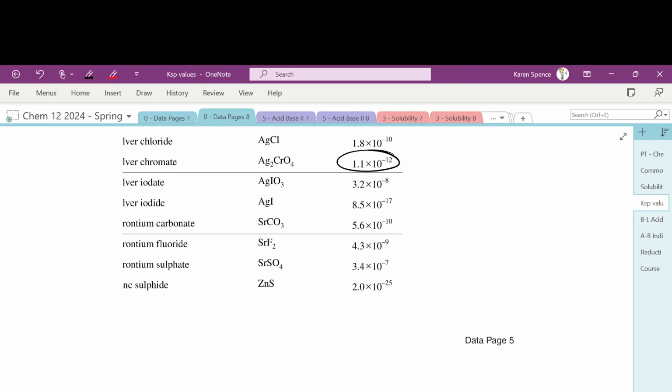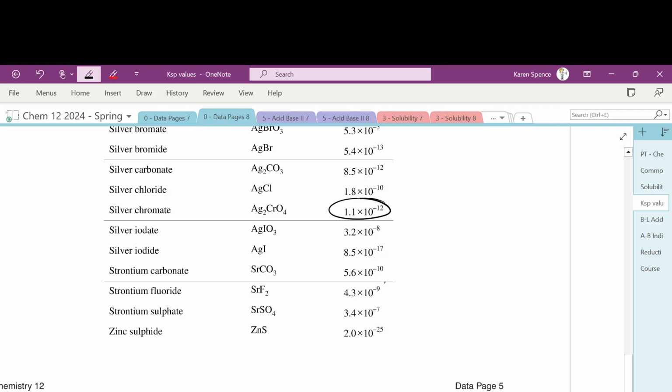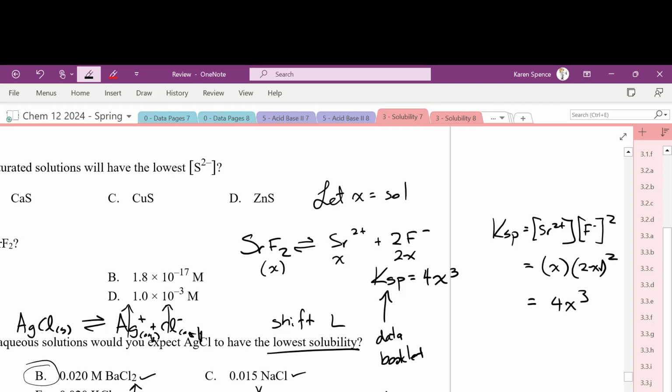Strontium fluoride, 4.3 times 10 to the minus 9. 4.3 times 10 to the minus 9 divided by 4 is equal to x cubed. 4.3 E negative 9 divided by 4 equals, cube root. x is equal to 1.02 times 10 to the negative 3. So that would be D.